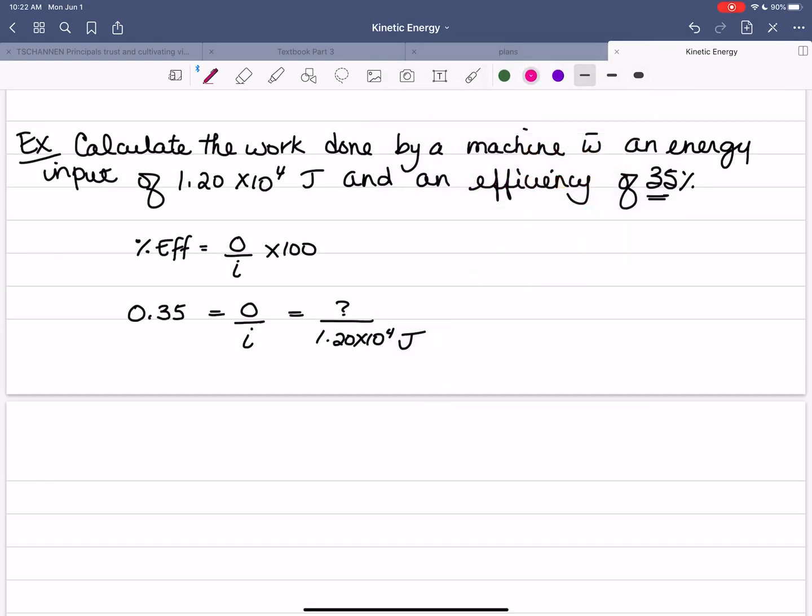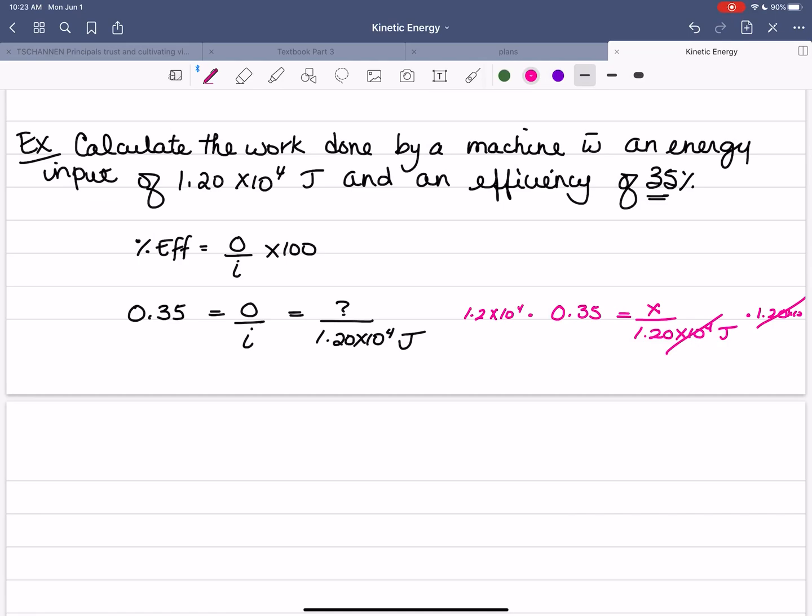So 0.35 equals x over 1.20 times 10 to the 4 joules. Okay. So how do I get x by itself? I have to multiply by 1.20 times 10 to the 4, then this one and this one cancel, and x is by itself. Whatever I do to one side of the equal sign, I have to do to the other, right? And so that's how I get x.